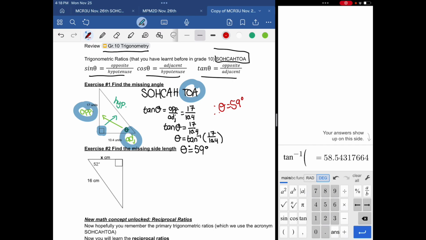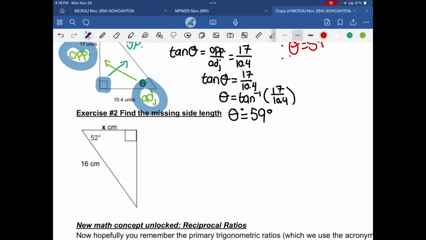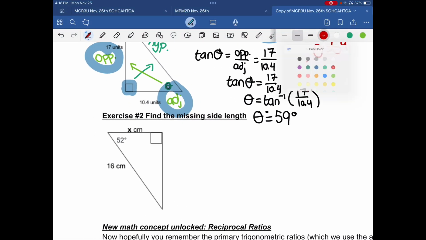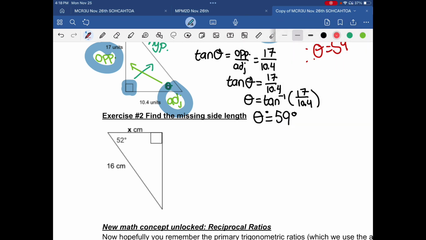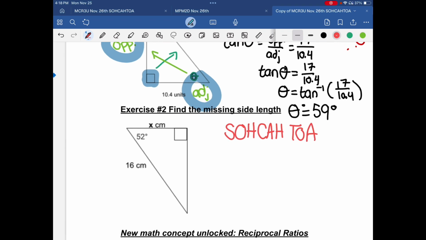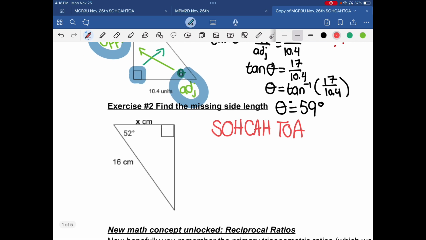So then we have find the missing side length. Again, same thing, we're going to use SOHCAHTOA to determine which primary trig ratio we would use. So let's see. From the 90-degree angle, what's opposite the 90-degree angle is my hypotenuse.